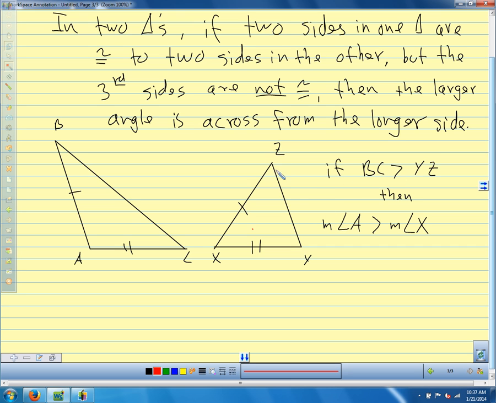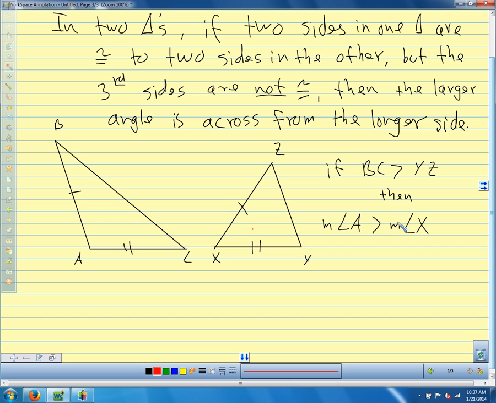We would say the conclusion we just came up with would be that ZY is greater than BC, but we're given that ZY is less than BC. And that just points out that information is wrong. It can't be because we're told that it's not that way. Okay? So we would do this by a proof by contradiction, showing that assuming these angles are equal, or assuming that this one were bigger, leads us to a contradiction.